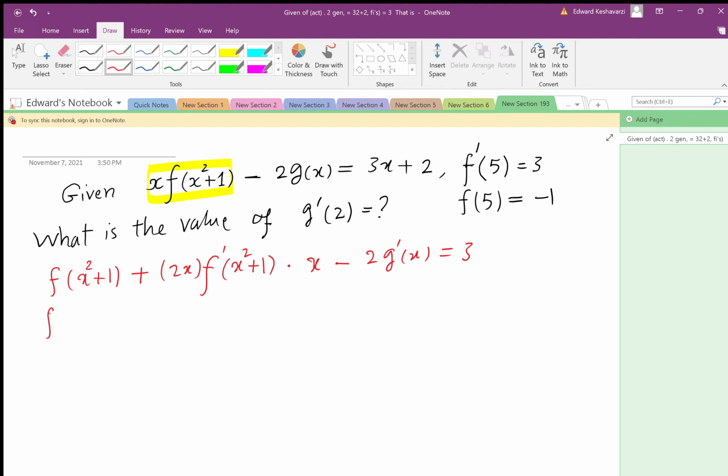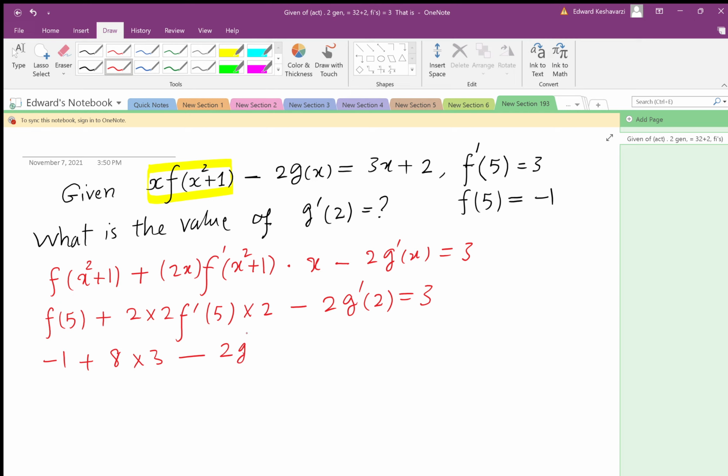So it becomes f of 5 plus, so we have 2 times 2 f prime 5, we have another 2 here, minus 2g prime 2 equals 3. f of 5 is given -1, and 2 times 2 times 2 is 8 times f prime at 5, which is 3, minus 2g prime 2 equals 3.